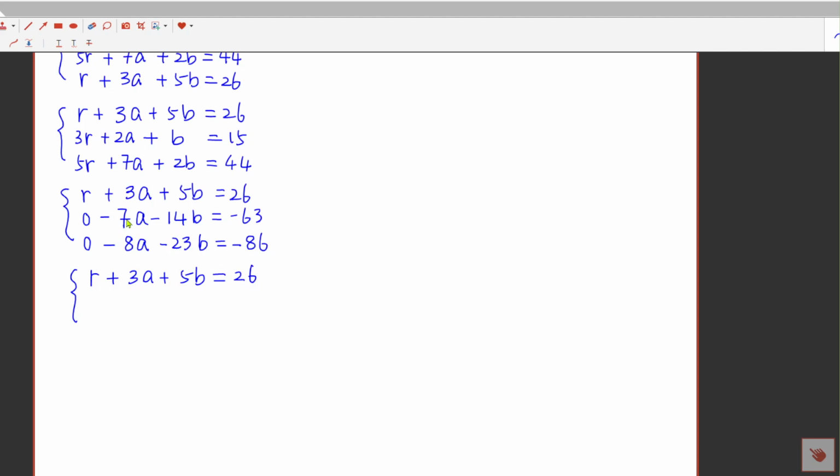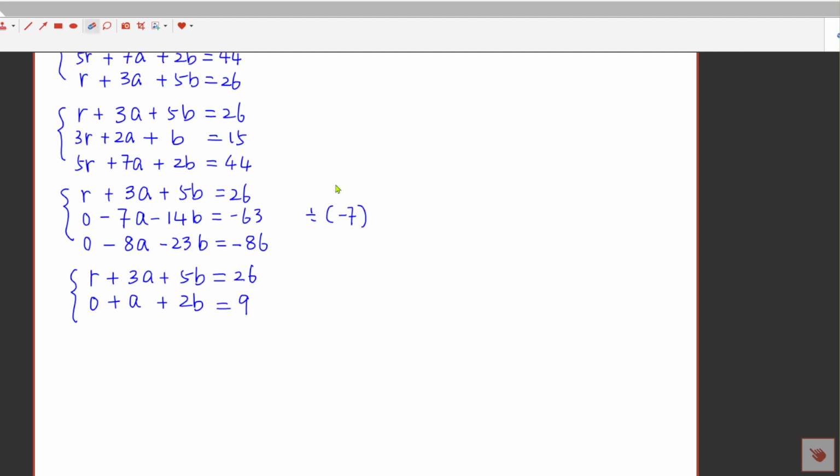So we can divide both sides using 7 or negative 7. If you divide it by negative 7, then that's better, right? So you will get each of the numbers positive. So 0 divided by negative 7 is still 0. Negative 7 divided by negative 7 is plus a. Then negative 14 divided by negative 7 gives us plus 2b, and the right side is simply 9, right?